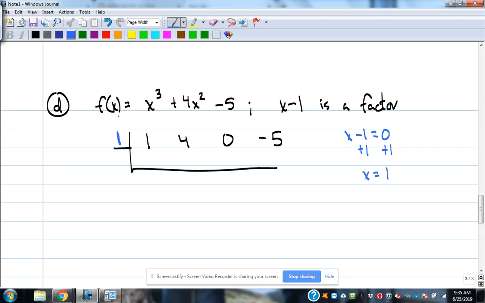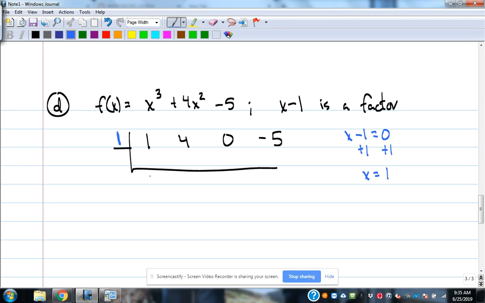Be careful of that. That's an easy thing to mess up, the positive and negative signs. If you put a -1 up there, you wouldn't get a 0 in that remainder spot when you did the synthetic division. So be careful of that.